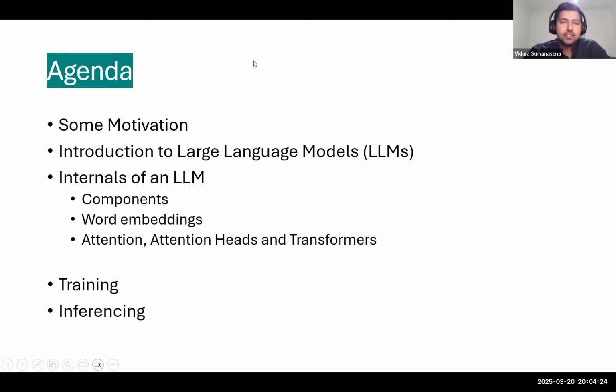All right, so the agenda for our session will look at some motivation on why we actually need to see what's going under the hood in an LLM. Then let's look at a few definitions and go into the internals, the transformer architecture and the embedding spaces, and a bit about how large language models are trained and used for inference in practical scenarios.